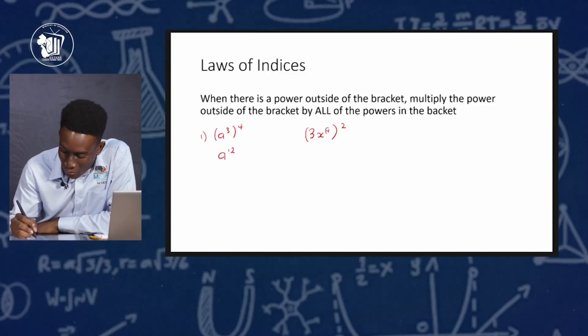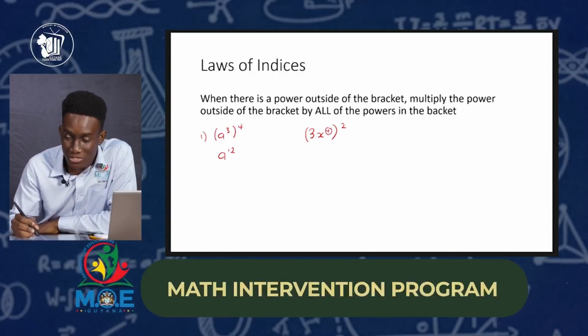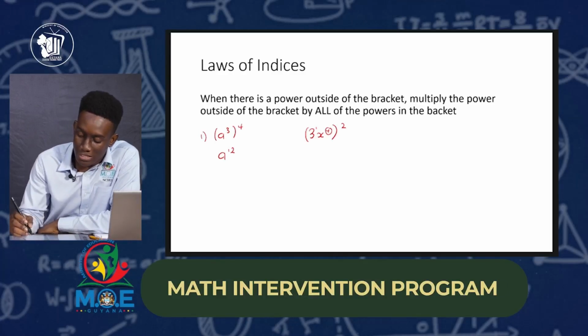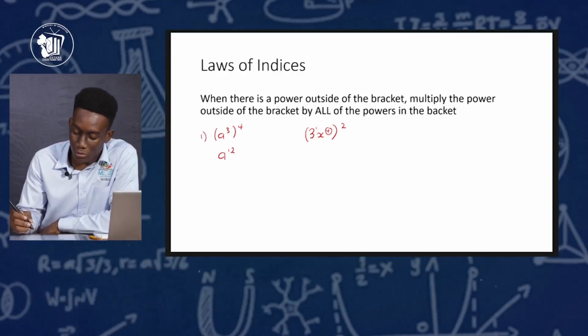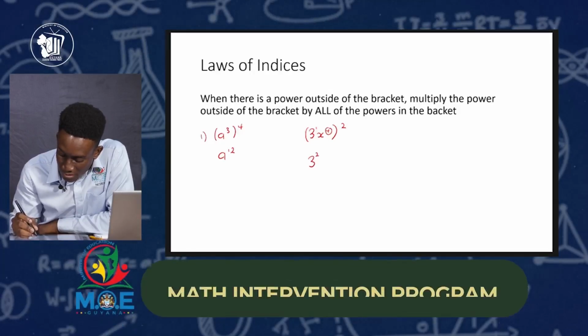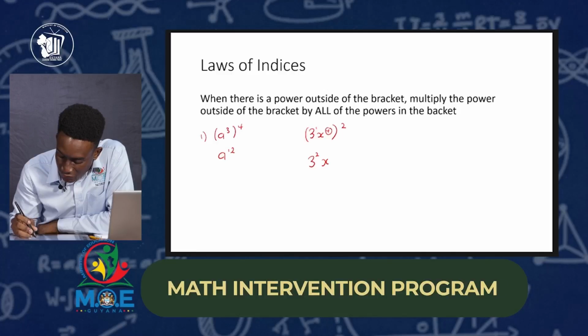We see a power here, but also this 3 is being raised to a power, the first power. So this 2 has to multiply the 1 and the 4. So this will become 3 raised to the 1 times 2, which gives you 2, and then x raised to the 4 times 2, which would give you 8. 3 raised to the second power, x raised to the 8th power.